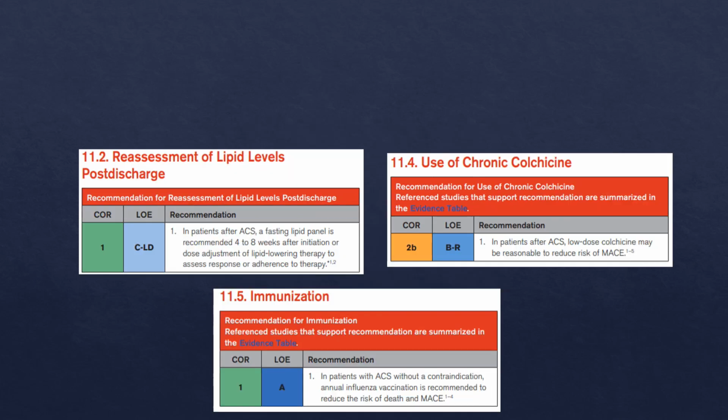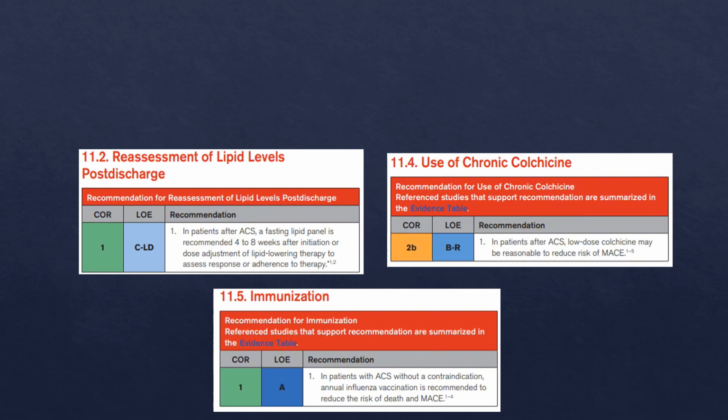Annual influenza vaccine must be given to patients who do not have any contraindication with ACS to reduce the risk of MACE. So basically, this concludes the review of ACC AHA 2025 guidelines for acute coronary syndromes.